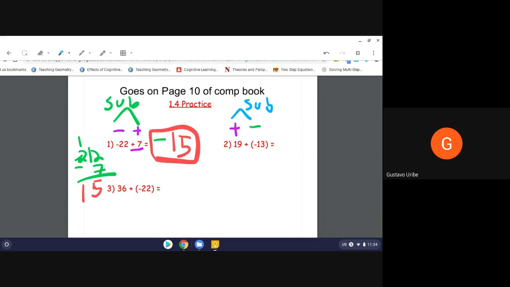This is the same as if I told you what's 19 minus 13. Again, this plus isn't doing anything there. It's just in the way. Well, if I subtract 19 minus 13, I get 6. 19 is the bigger number, and 19 is a positive, so I'm going to keep my positive 6 as my answer.